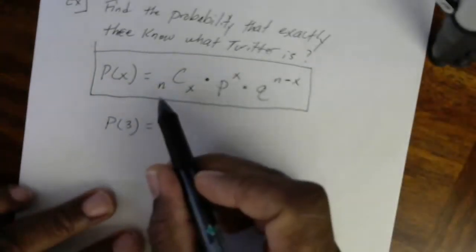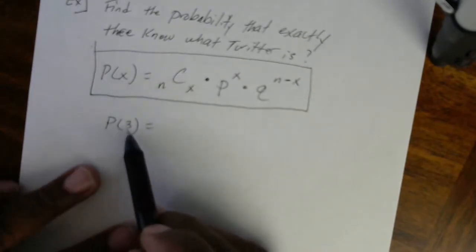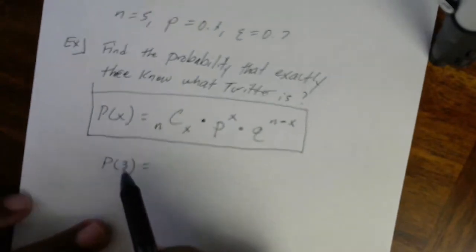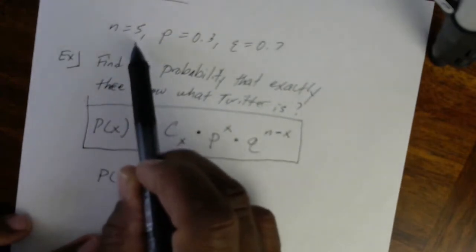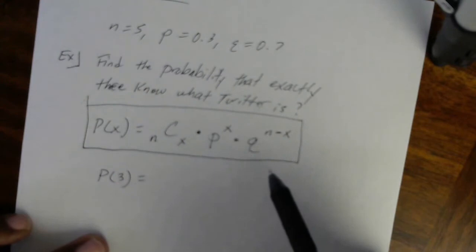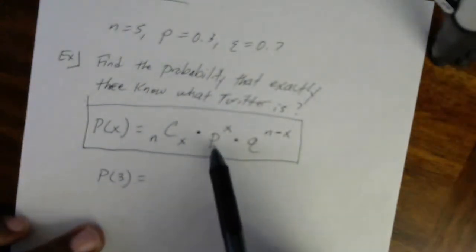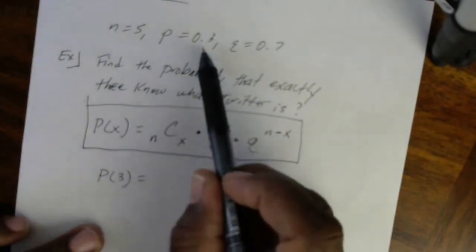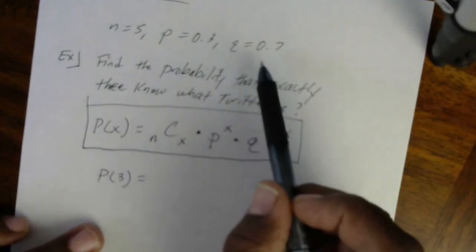I'm going to go back to my formula, and wherever I see an X, I'm going to substitute a 3. Wherever I see an N, I'm going to substitute the 5. Wherever I see a P, I'm going to substitute 0.3, and Q for 0.7.